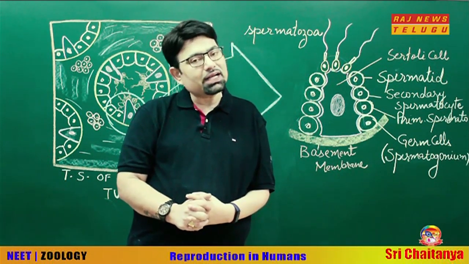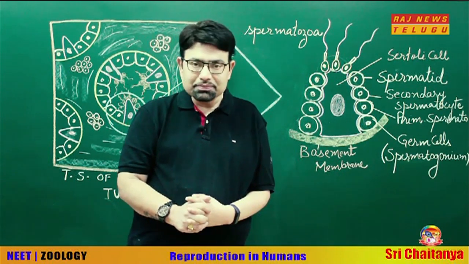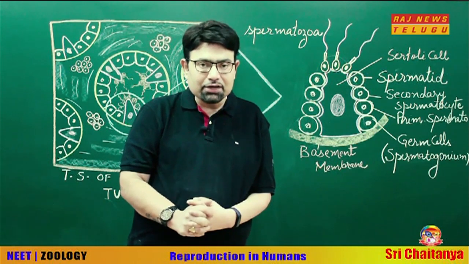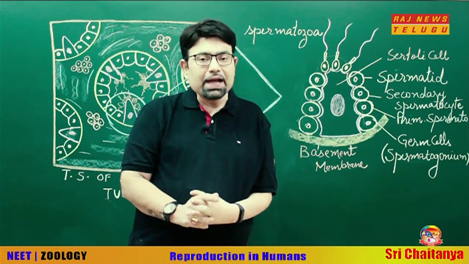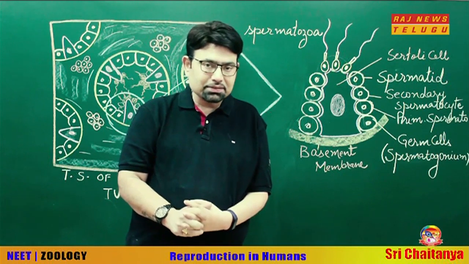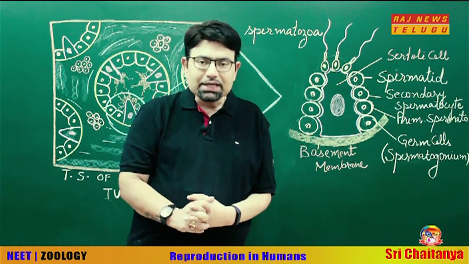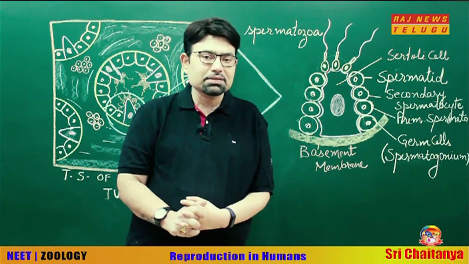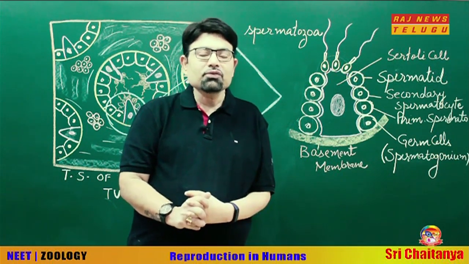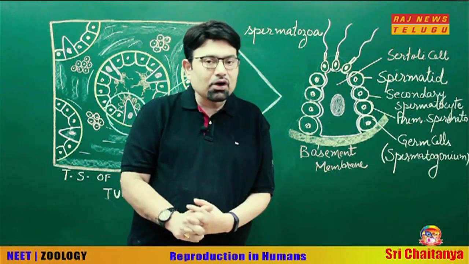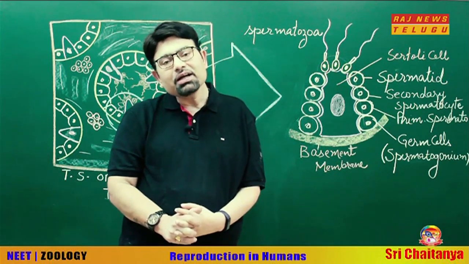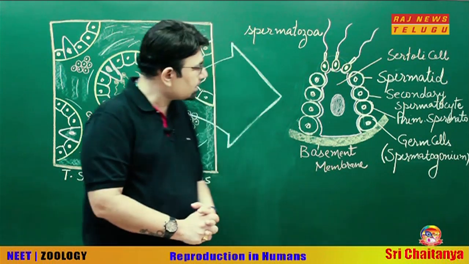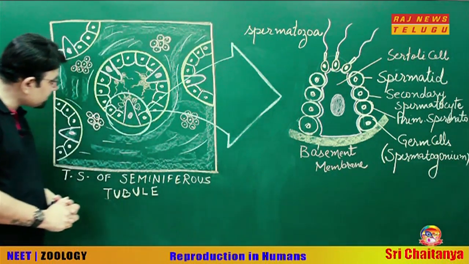Followed by, we started with the male reproductive system, and in that system, first of all, we started with the main terms and the main organs in that system. After that, we have done the detailed anatomy of the testes. Finally, we have done a comparison of vasa efferentia and vasa deferentia. And now, let's continue with the further topics.